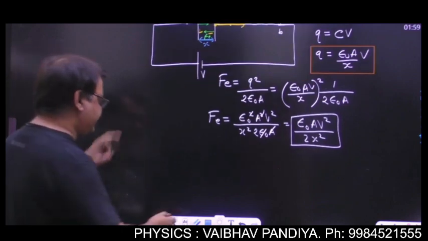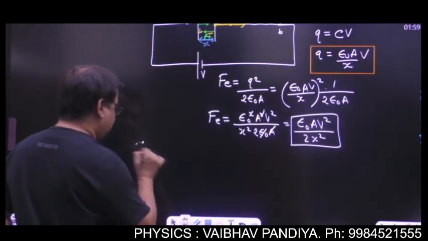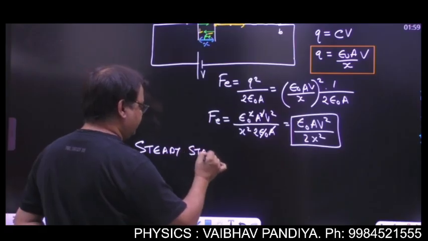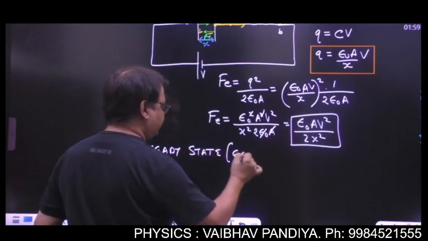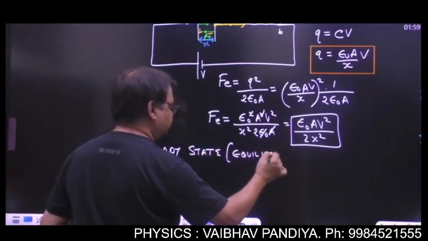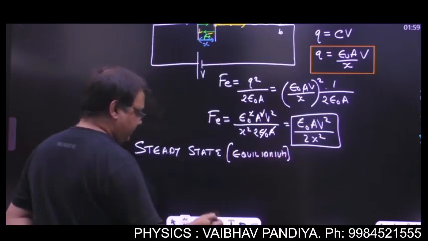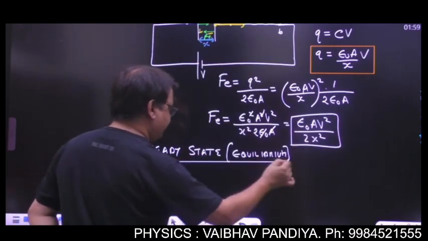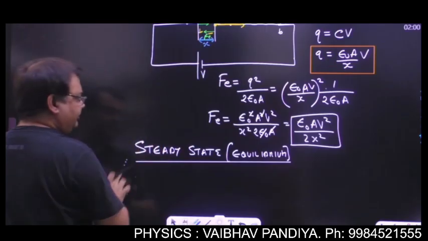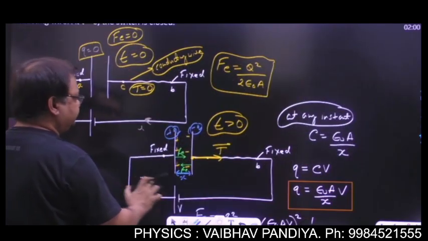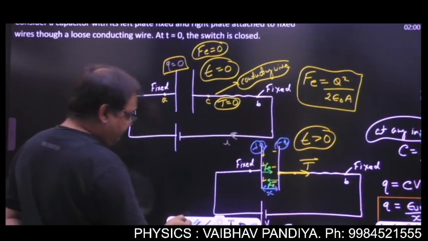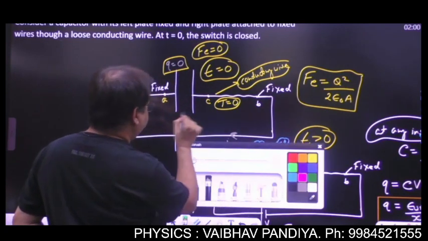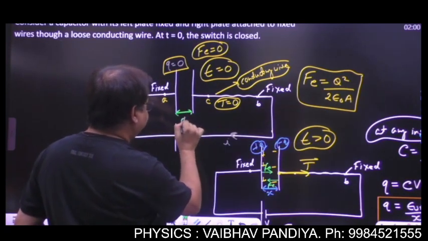Ultimately, equilibrium or steady state will be attained. Say at t equal to 0, the distance between the plates is d naught.